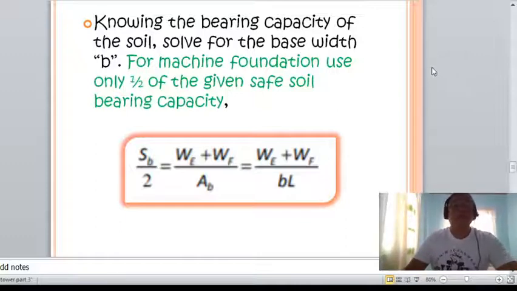That is equal to the weight of the engine plus the weight of the foundation divided by the area of the base of the foundation, or simply W sub E plus W sub F over base multiplied by the length of the foundation, class. This is a very simple equation.